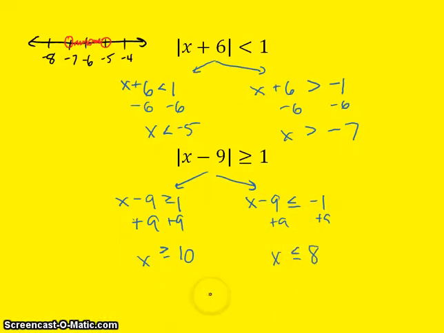So with the number line, it's greater than or equal to 10, so I'm going to have a closed circle at 10 and shade it to the right. Here it's a closed circle at 8 and it's less than, so shade it to the left.